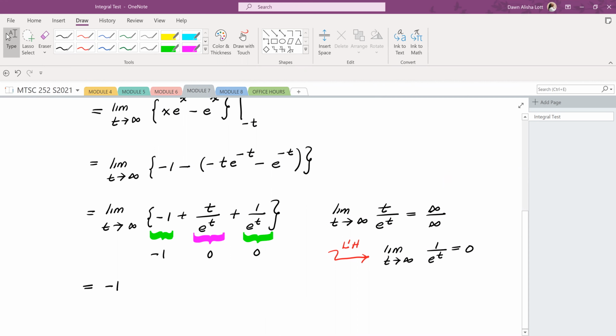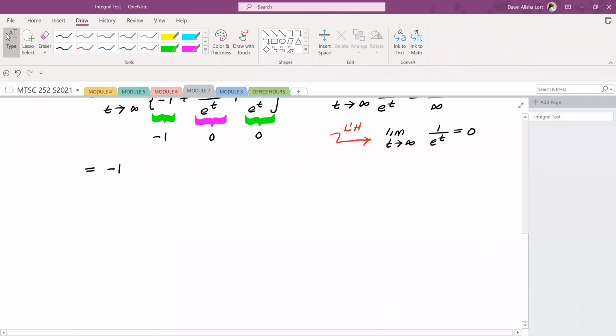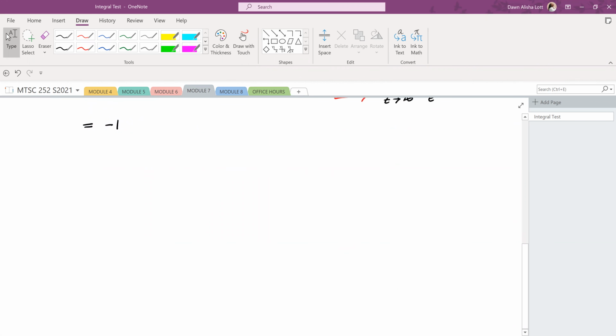So now I want to introduce the actual integral test. So here is the integral test itself, and this is test number 4.